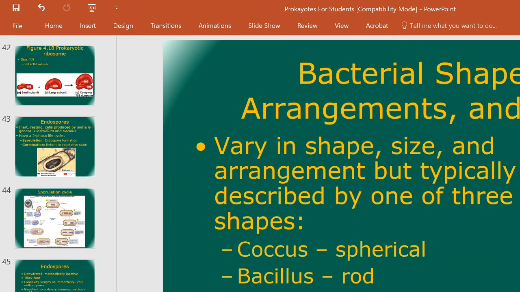And then the last thing that we'll get into is shapes and arrangements. So bacteria generally have three basic shapes. Again, there's some exceptions to this that we won't necessarily get into, but there's three basic shapes. The cocci, which is shaped like a sphere. The bacillus, which is a rod.